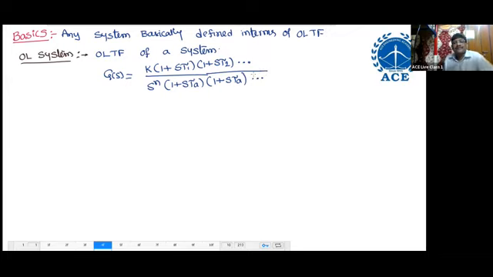Here, K and tau are called system parameters.